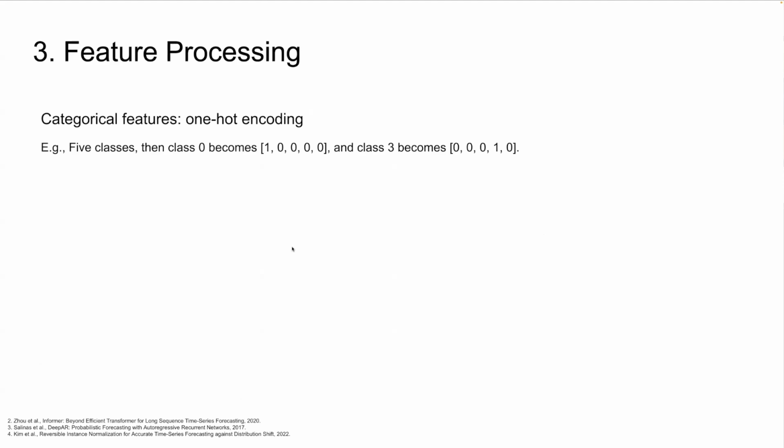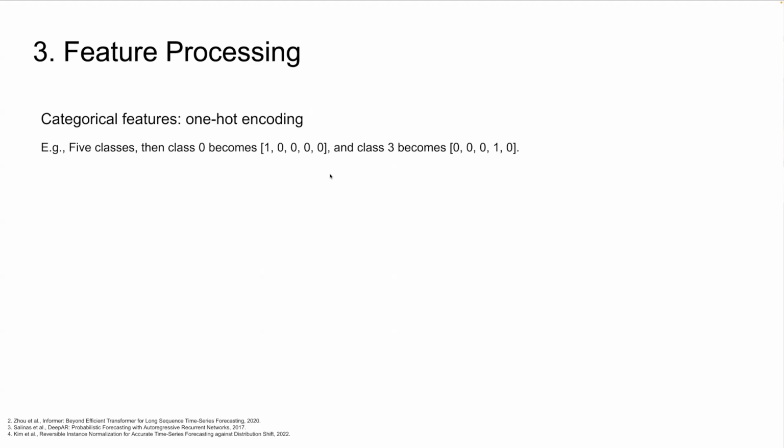So the third section will be on how we convert these rolling windows that we defined into something that we can feed into the neural network. So for the categorical features, we'll be doing one-hot encoding. What it means is that, for example, if we have a total of 5 classes, then class 0 becomes 1, 0, 0, 0, 0.